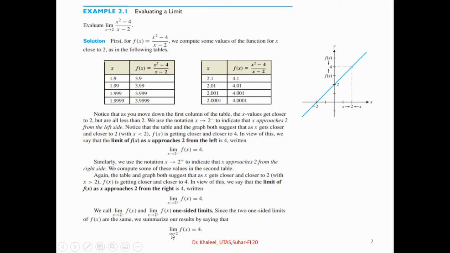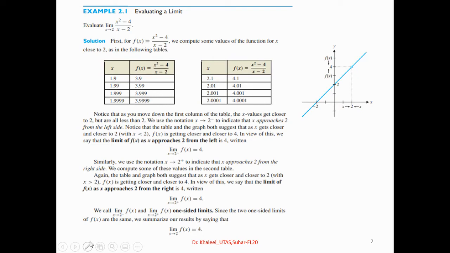If x is away from 2, then f(x) is away from 4. When x is very close to 2, then f(x) is very close to 4. So if I can make f(x) close to 4 as x is close to 2, then I say that the limit exists.